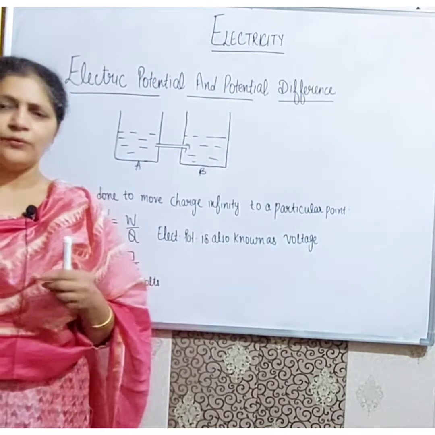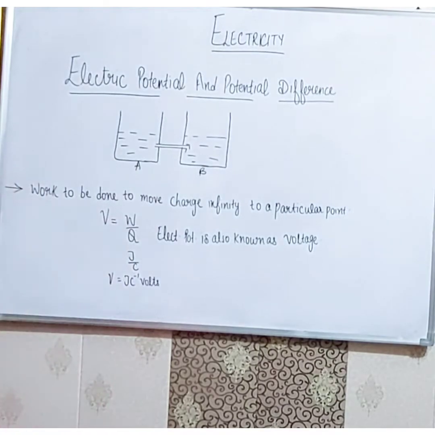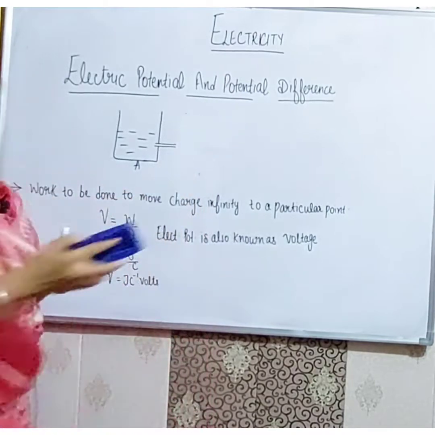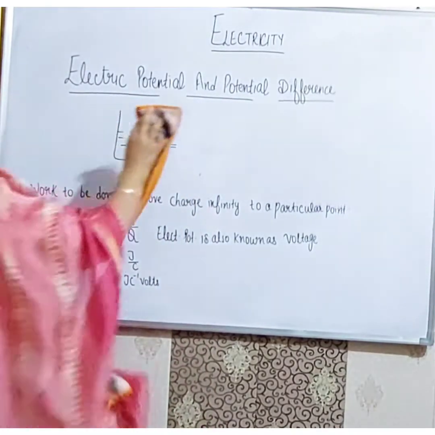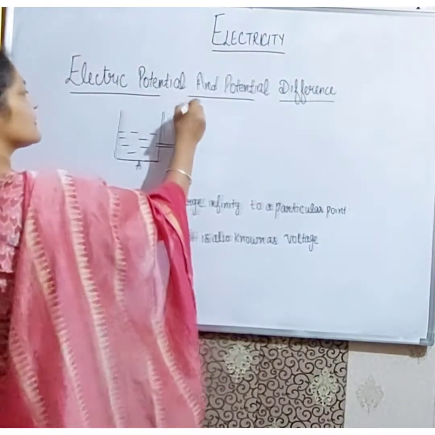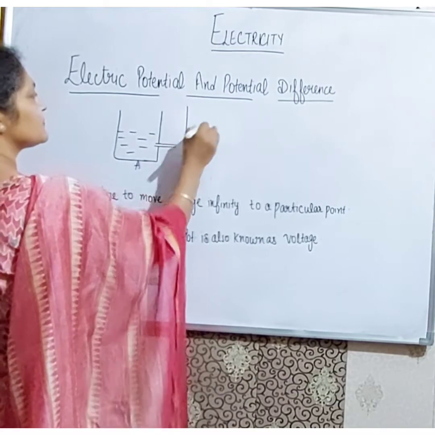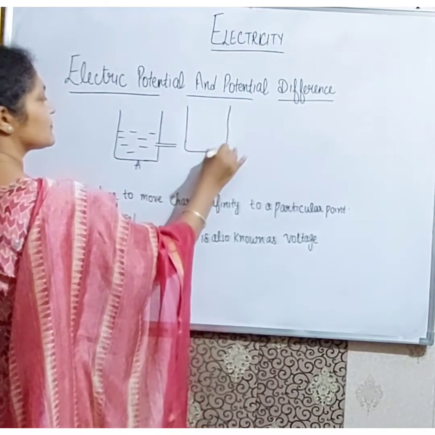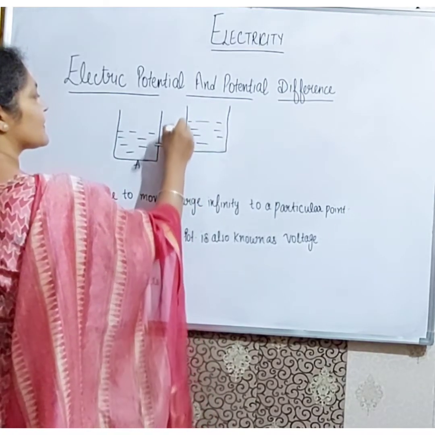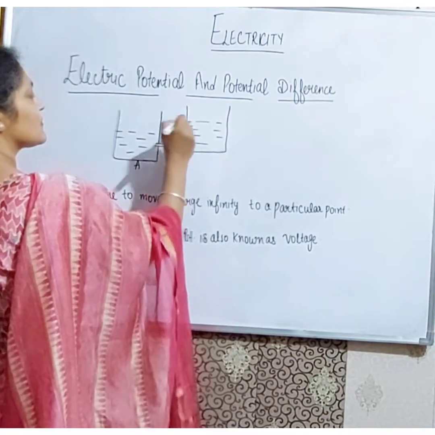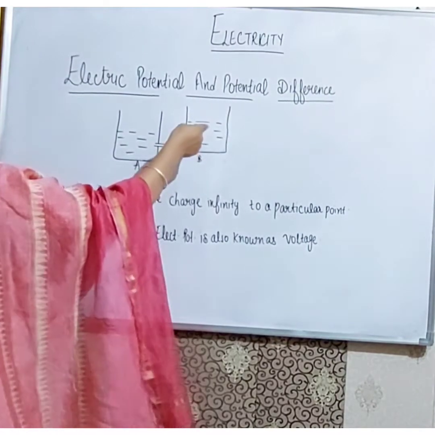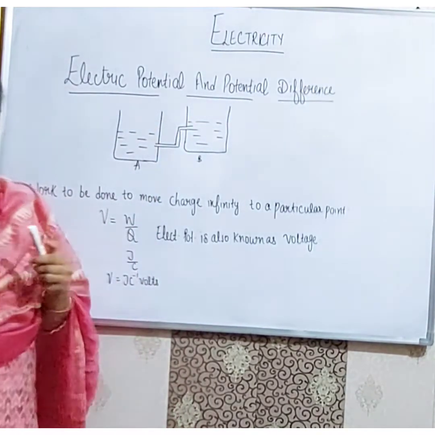Now what will we do? If we shift this beaker to a height, right students? If we shift this beaker to a height, then the water will come from beaker B to A, right students?